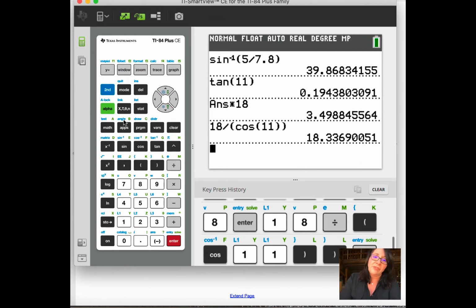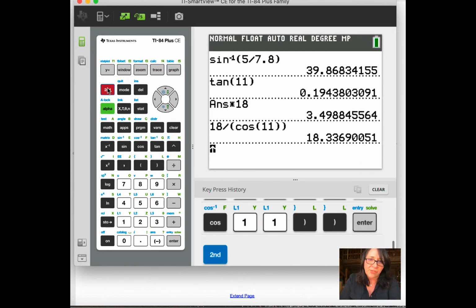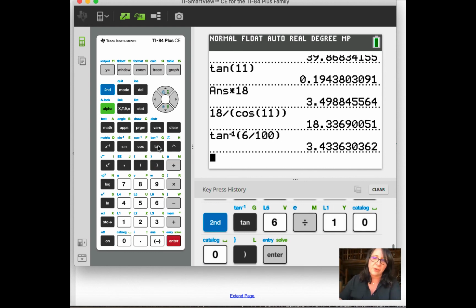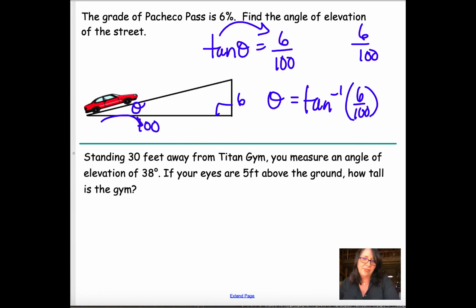Because I'm looking for an angle, I have to go second tangent so I can get that blue part up on top. So 6 divided by 100, and you don't have to reduce that. It's not going to make any difference at all. It's about 3.4 degrees. So theta equals about 3.4 degrees, okay?